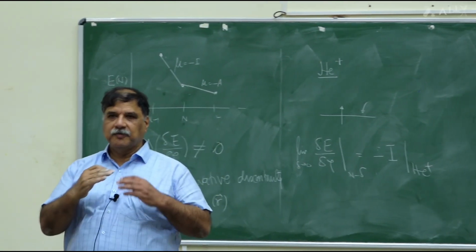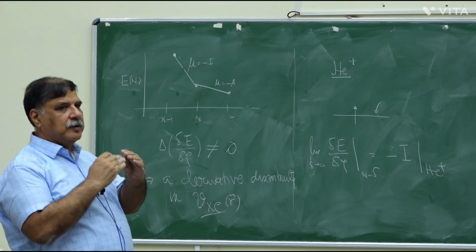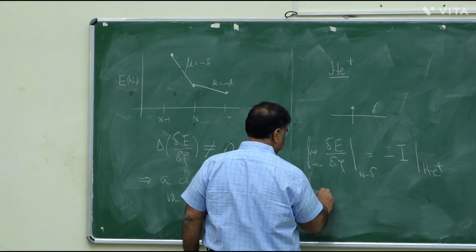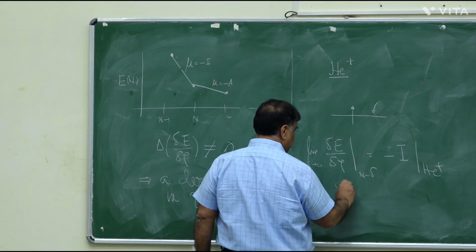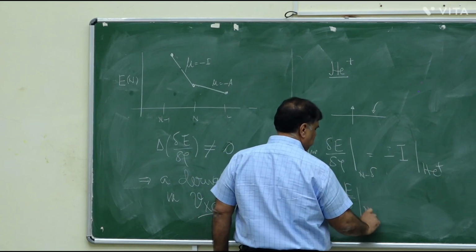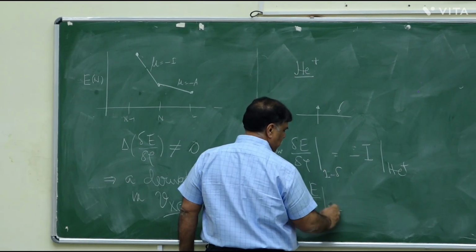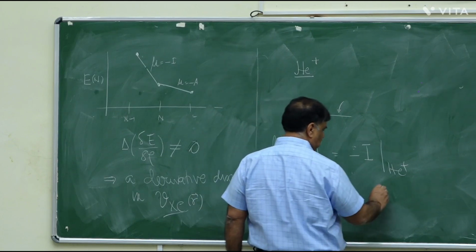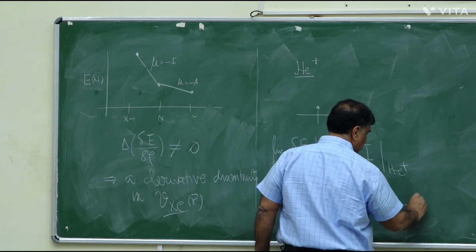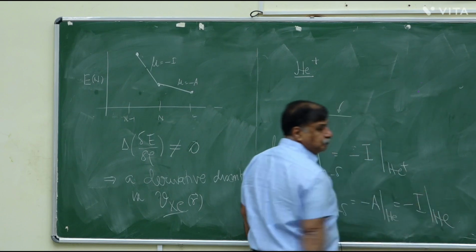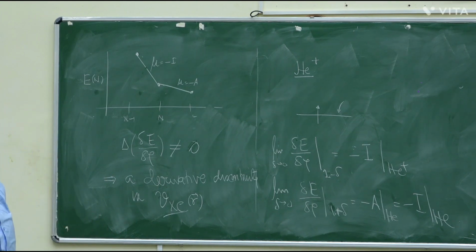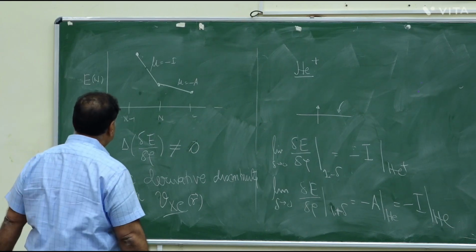Alright? As you come in from the lower side, nothing can change, you come up to n. On the other hand, as you go to the limit delta going to 0, delta E, delta rho at n plus delta, this is 1 plus delta, this is going to be minus A for helium plus, which is nothing but the ionization potential for helium. Is that okay? The affinity for helium plus is the ionization potential for helium. That's the same thing. So you have a change.